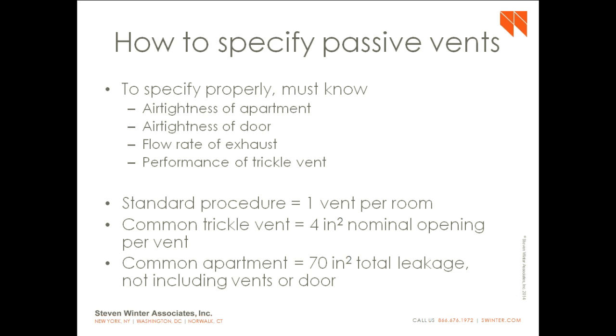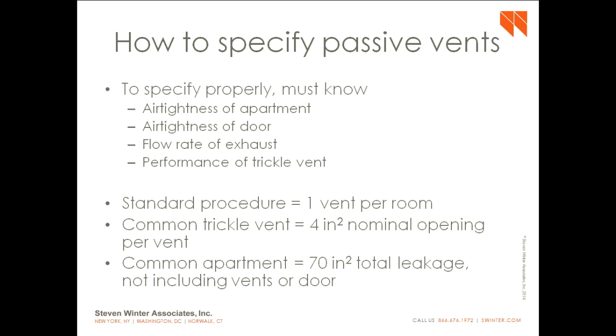You need to know the flow rate of the exhaust, not just how much is on the plans, but how much is actually going to be withdrawn from the apartment. And then you need to have a good idea of the trickle vent performance at this expected pressure that's going to develop in this building that's not built yet. So it's a pretty difficult thing to specify a trickle vent when the building is not built yet.